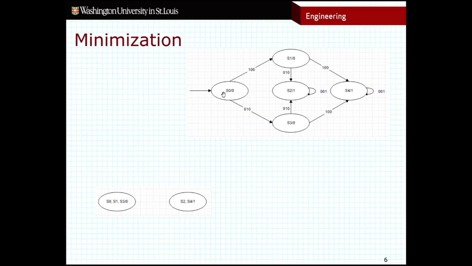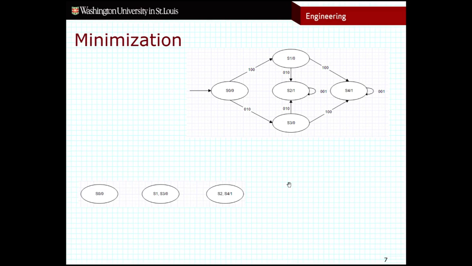If I take a look at state 0, for example, I transition on 1, 0, 0 to state 1 and 0, 1, 0 to state 3. But state 1 and state 3 on 1, 0, 0 transition to state 4, which has a completely different output than state 1 and state 3. Therefore, state 0, state 1, and state 3 cannot be the same state. We must split them apart. And so that would look something like this.